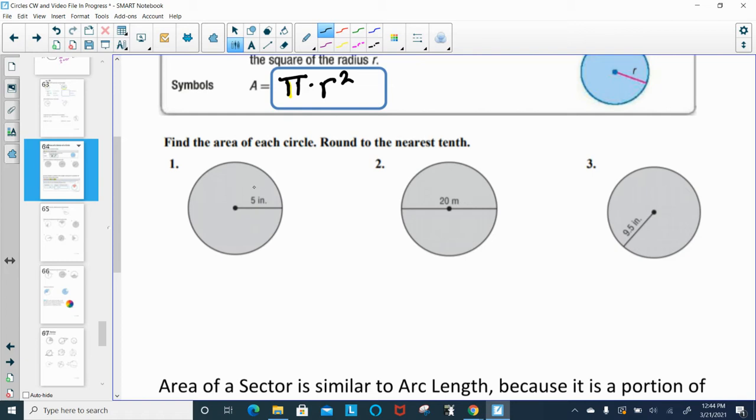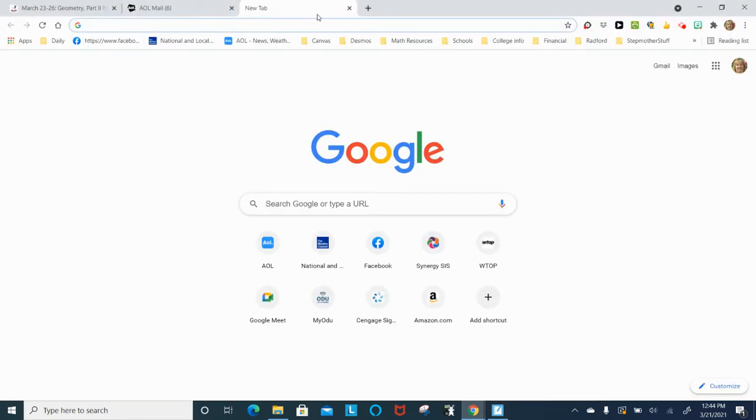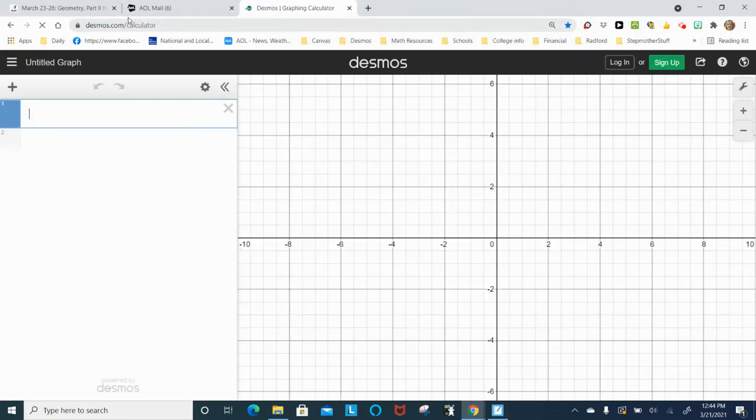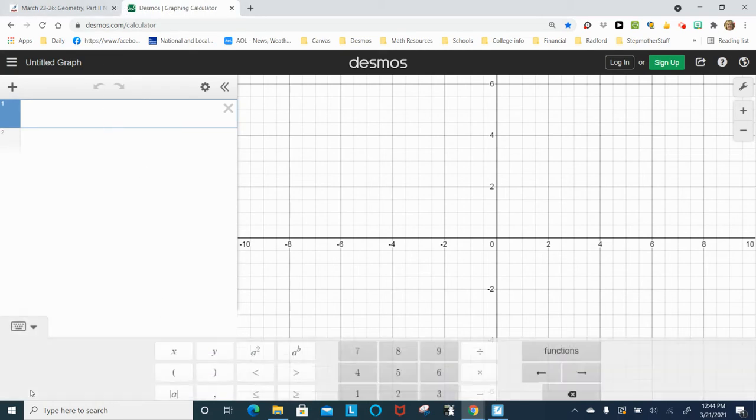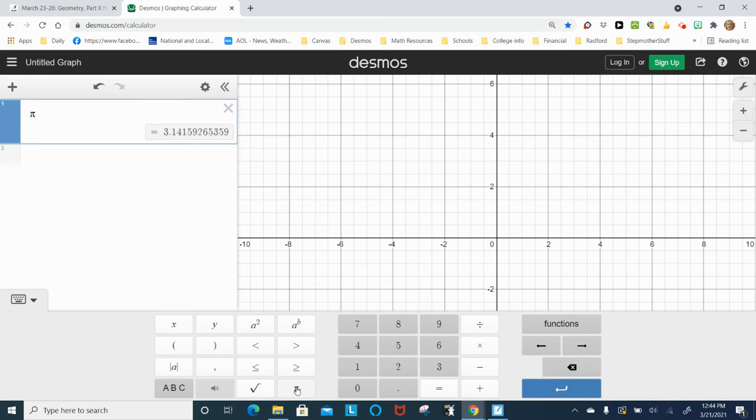So in problem 1, my r is 5. So I would have area equals pi times 5 squared. And again, I'm going to open up my Desmos calculator and do pi times 5, and click the squared button, and I'll get 78.5.